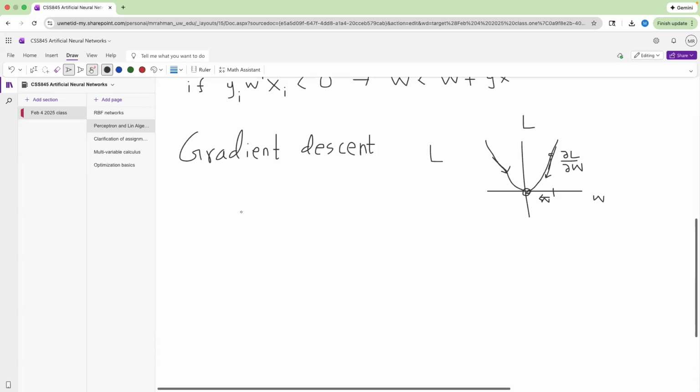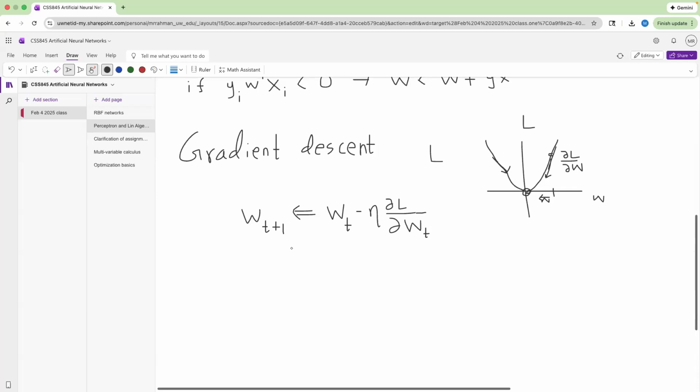So basically the general rule is that at any iteration, this vector is going to be W_t minus some learning rate times the derivative of the loss with respect to the current weight. This is the gradient descent rule.